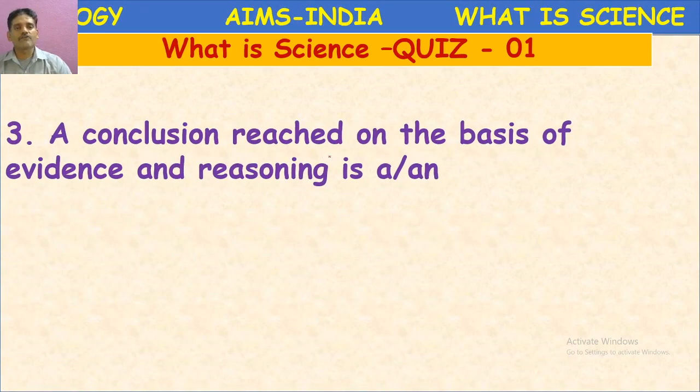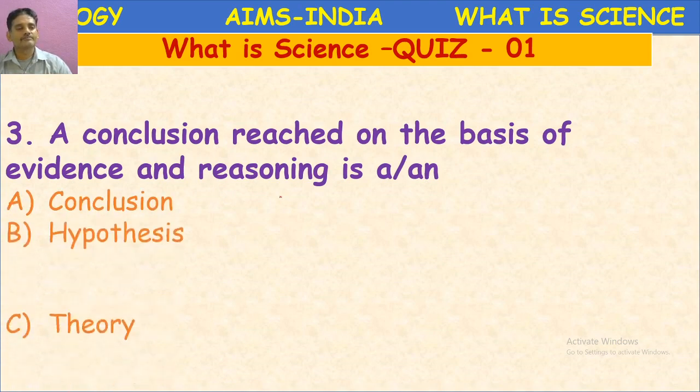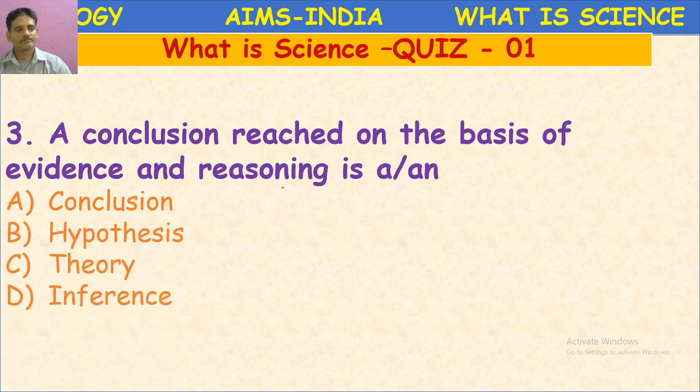A conclusion reached on the basis of evidence and reasoning is a conclusion. Finally, after the experiment, what do you call it? A conclusion reached on the basis of evidence and reasoning.